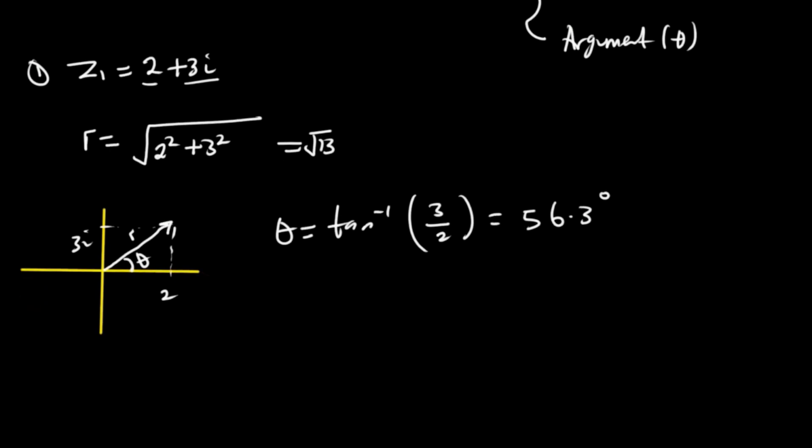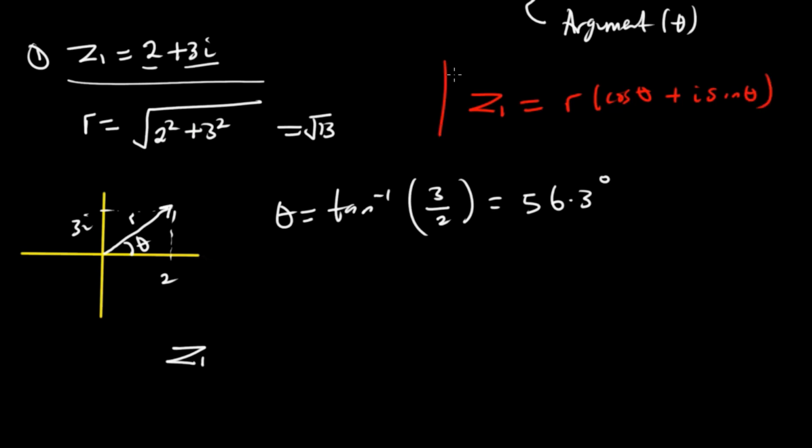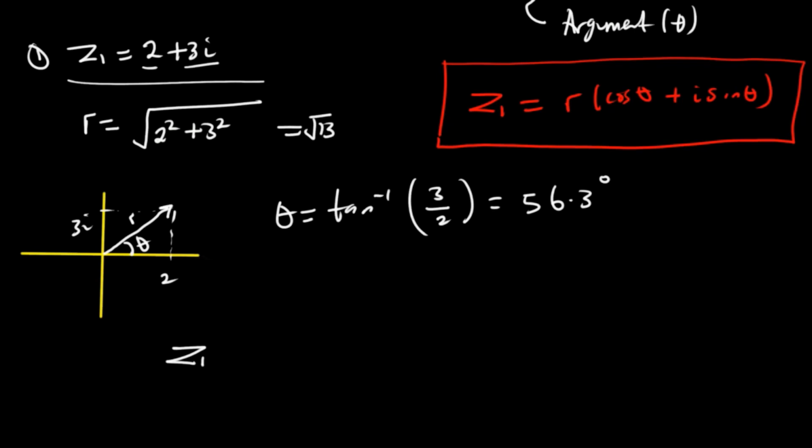So we have theta to be equal to 56.3 degrees. So with these two values, we can write the complex number z1 in its polar form. So let me rewrite the formula. So guys, we have that z1 equal to r, cos theta plus i sin theta. So this is the formula we are using.